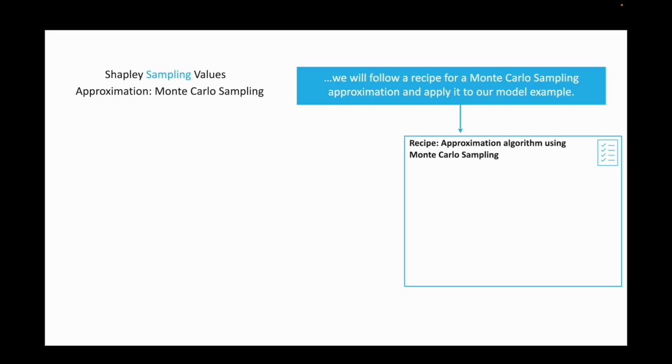To see what this entails, we will follow a recipe for a Monte Carlo sampling approximation and apply it to our model example.